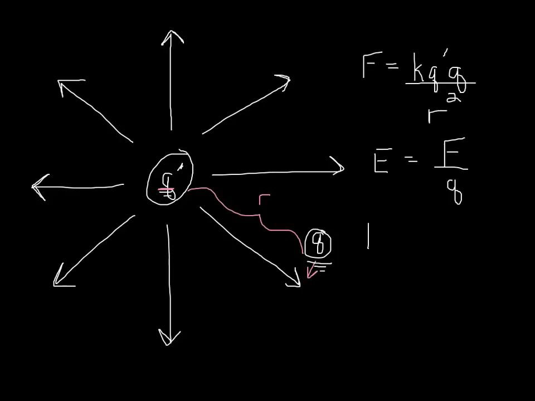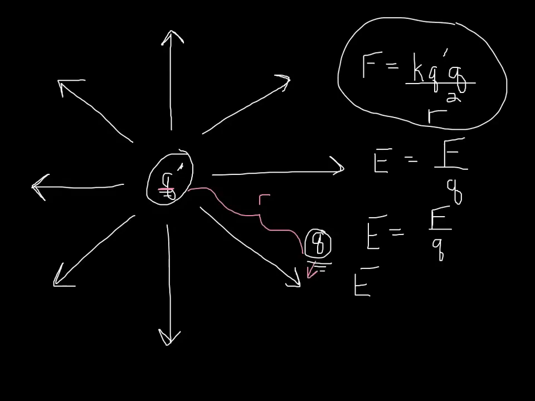So in this case, my electric field, E, is equal to F divided by Q. And I can plug in the Coulomb force, the force between my two charges, and that electric field is K times Q prime times Q divided by R squared. And then I still need to divide by my Q, because my electric field E is equal to force divided by charge. So I divide by my Q.